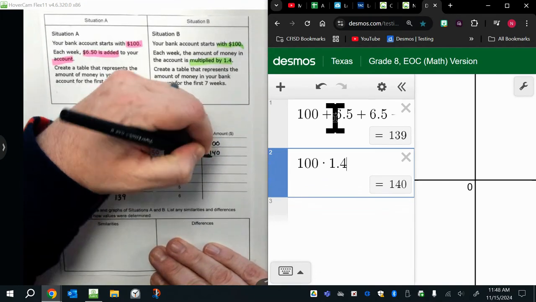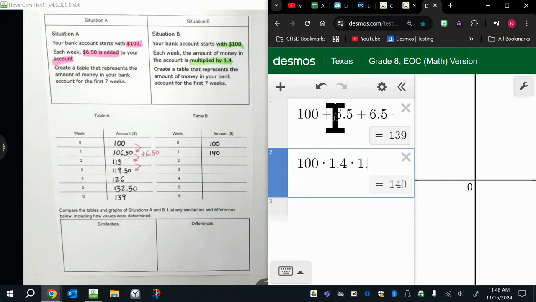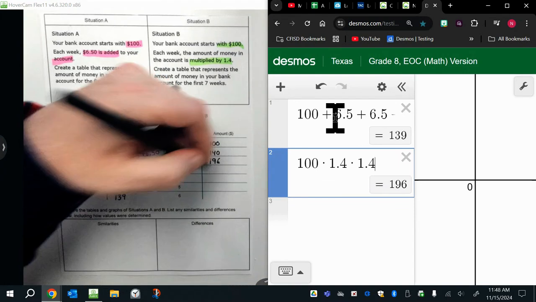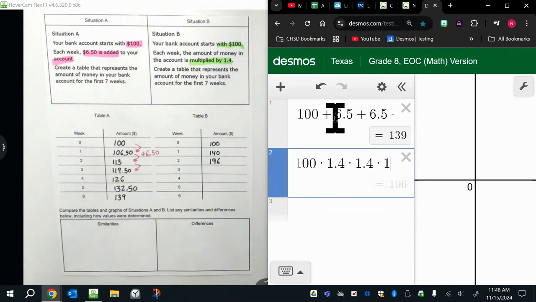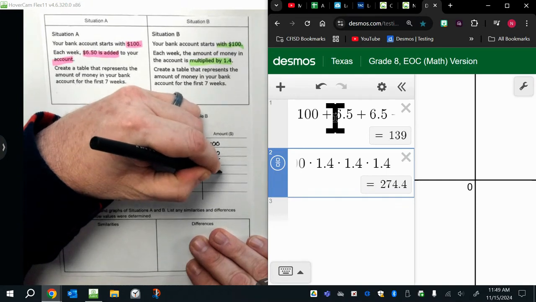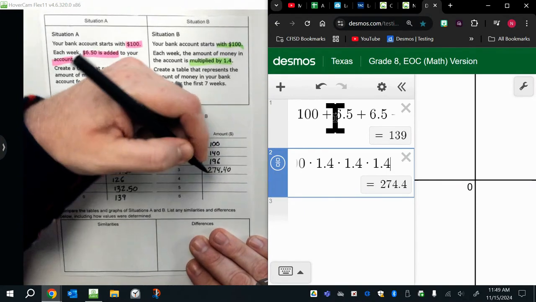I'm going to take that and multiply it by 1.4. That'll be 196. Take that and multiply it by 1.4. $274.40.